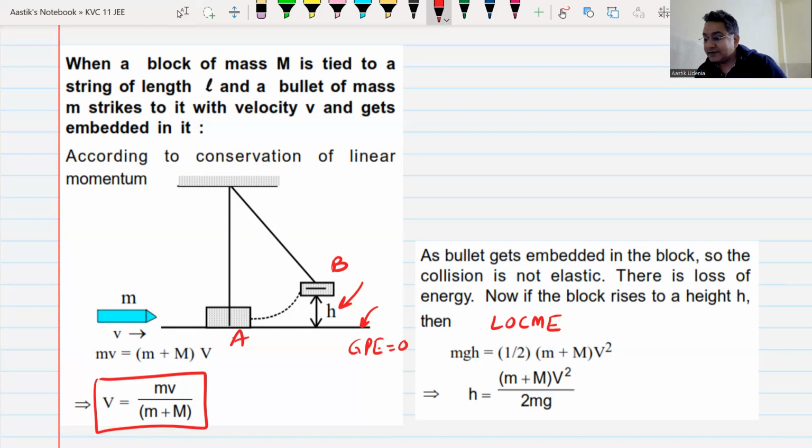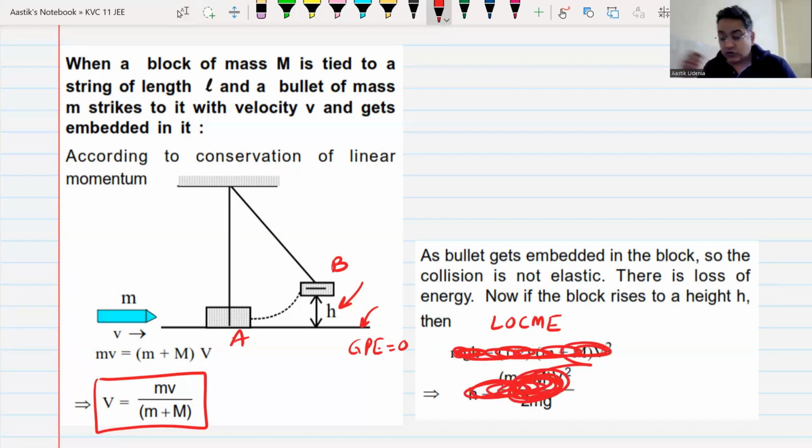The mass and the bullet both move together.